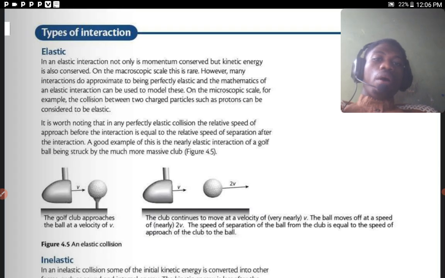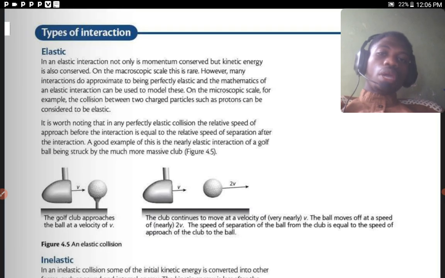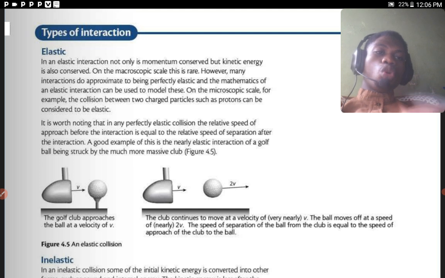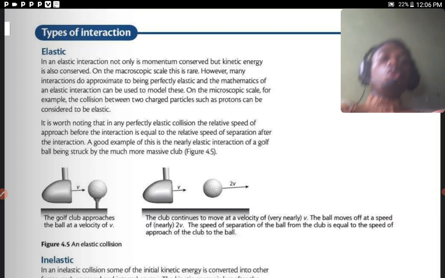After understanding what I have said, I would like to take an example of an elastic collision. Let's take the collision of two charged particles, like two protons.